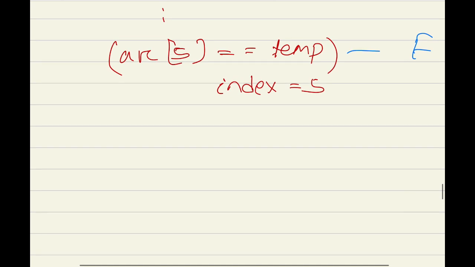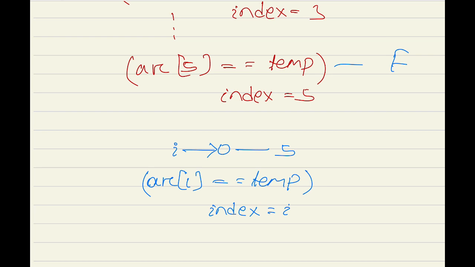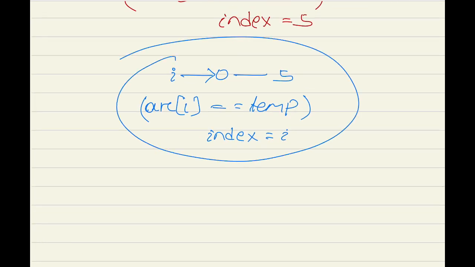We can check whether AR of I equal to temp, and if it is true, then index is I, where the value of I is from 0 to 5. Now you can see the complete program for this, or we can write this using a for loop like this.